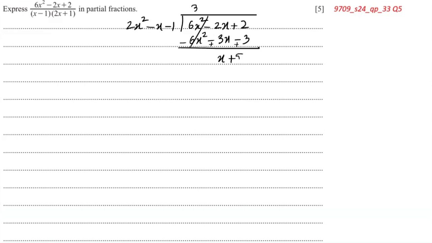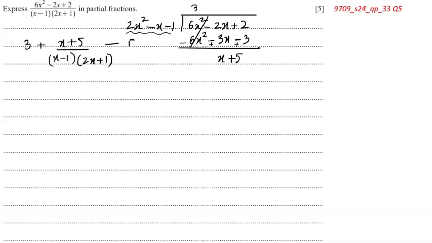x plus 5. So you used to write the mixed number as 3 whole, this remainder over divisor. But we can write it like 3 plus (x plus 5) over, again, instead of writing this, you can write its factored form, (x minus 1)(2x plus 1).